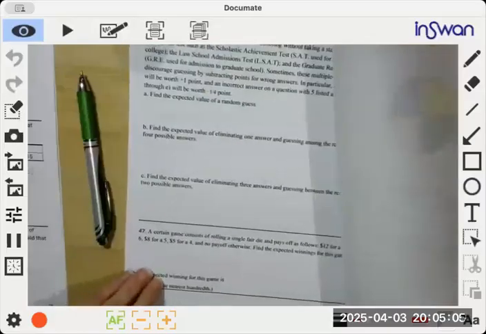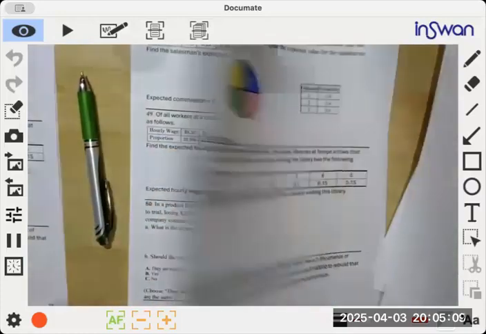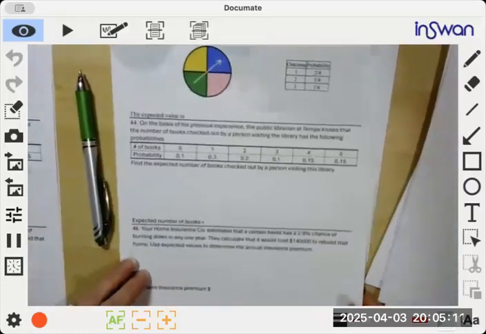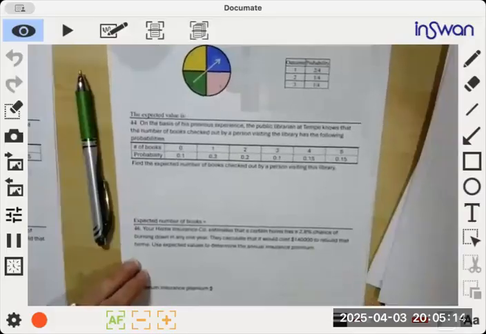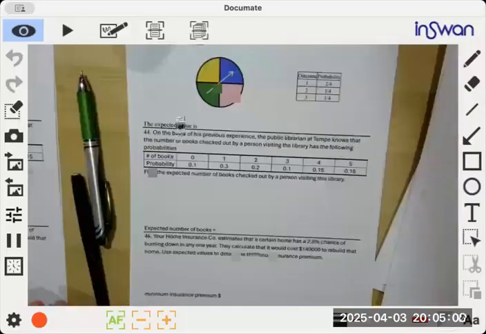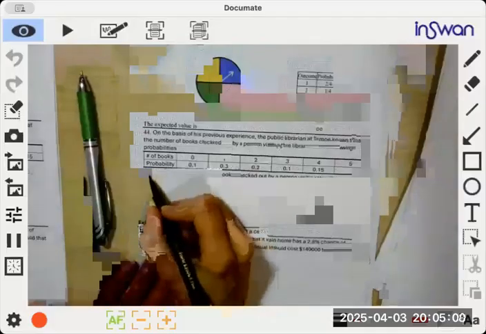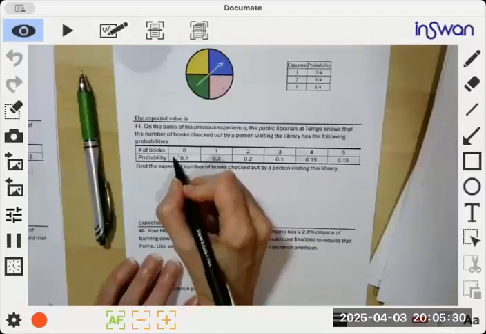We can go over it for everyone, but my question to you was, when I'm calculating it, do I do my probability first, or do I do the number first? It doesn't matter because you're multiplying these.